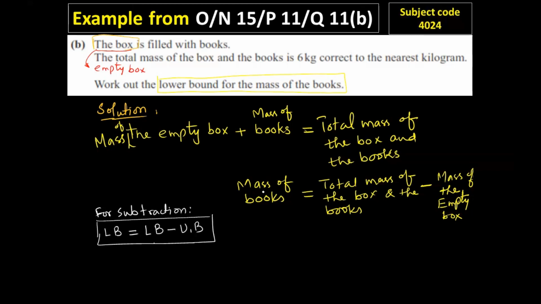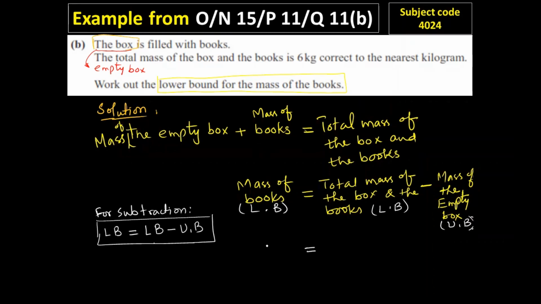So the mass of the books is lower bound here. It means you have to subtract the mass of the empty box upper bound.